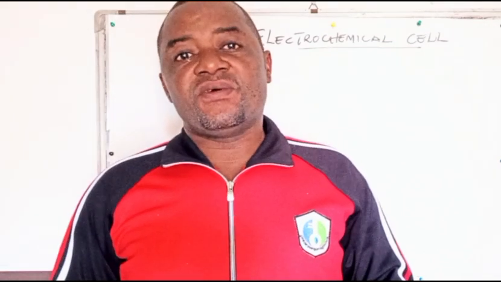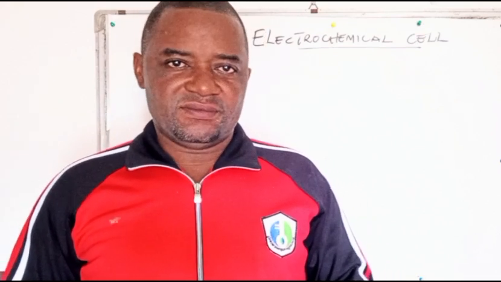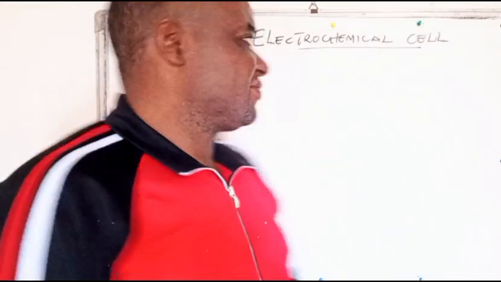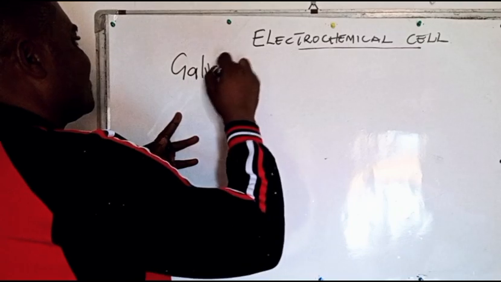It's important for us to know that we do not have just one type of an electrochemical cell. We have two. We have a galvanic cell, and we also have an electrolytic cell.